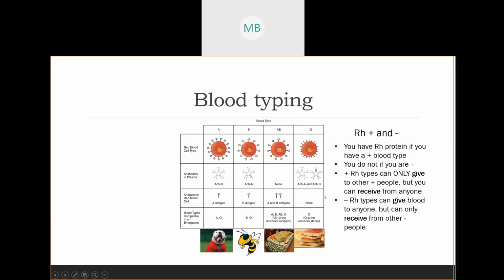This starts to get complicated, right? When we discover that our immune systems attack things that are foreign to them. Our immune systems don't like things that don't belong on our insides. So if you are given the wrong blood type, your body will begin to attack it.